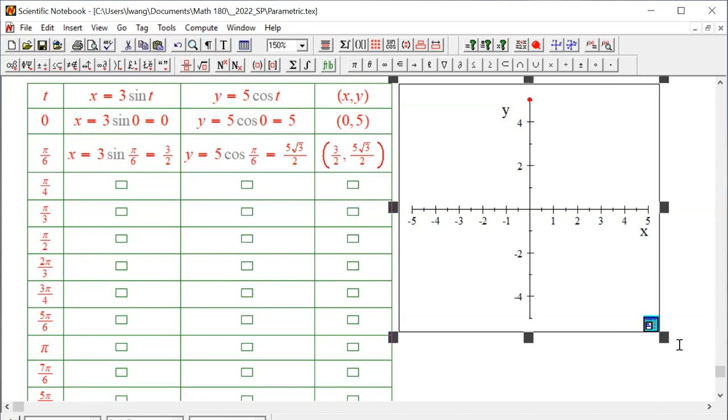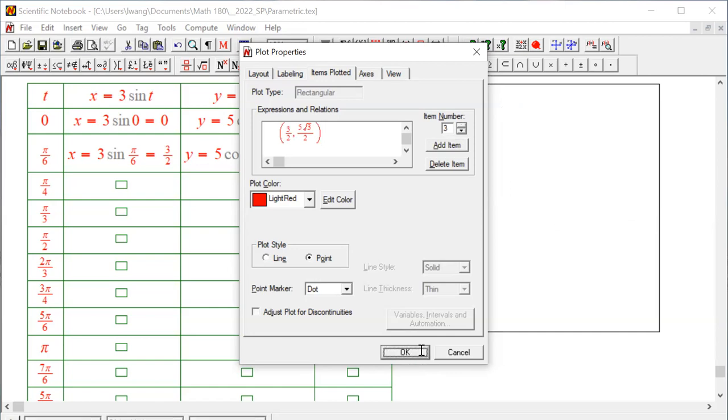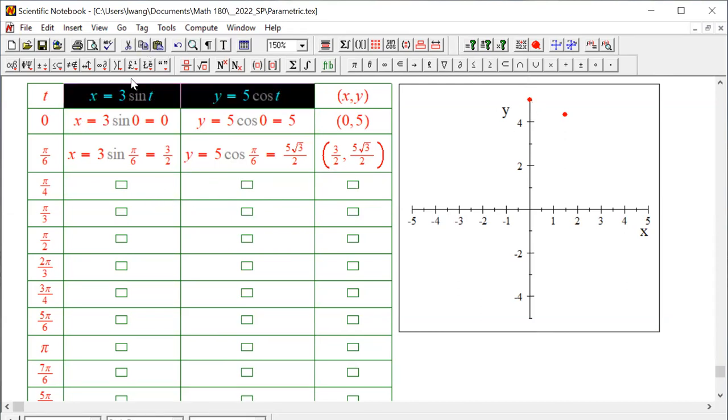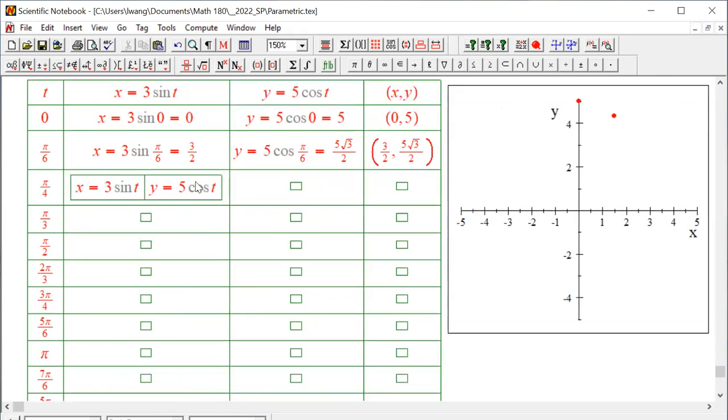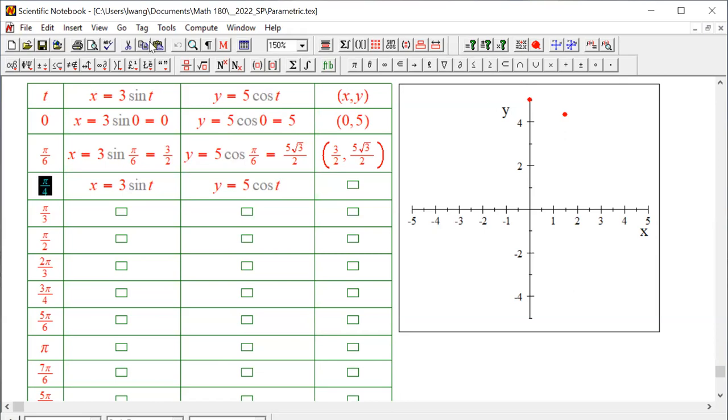So the next point, oops, we're going this way. Where does it go? It's going this way, right? That's the direction. This is the starting point. And we keep going. Okay, pi over 4.